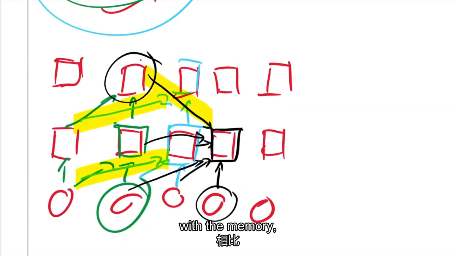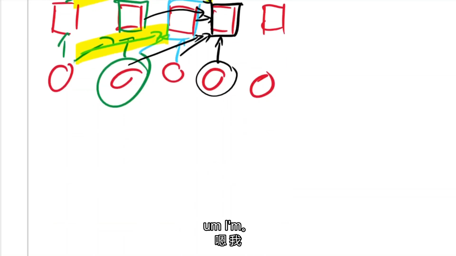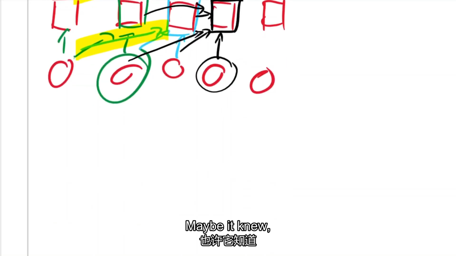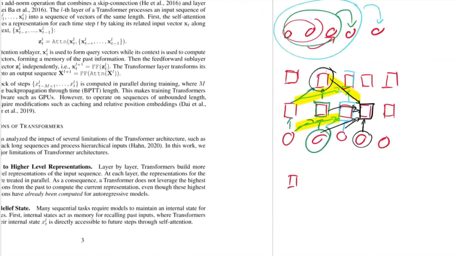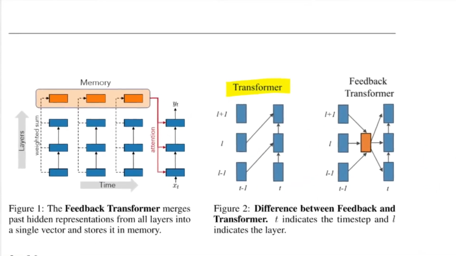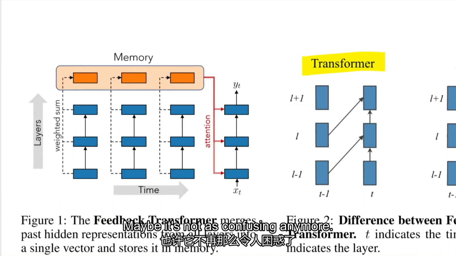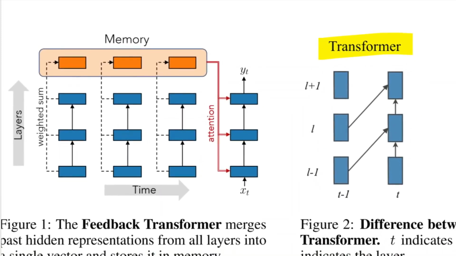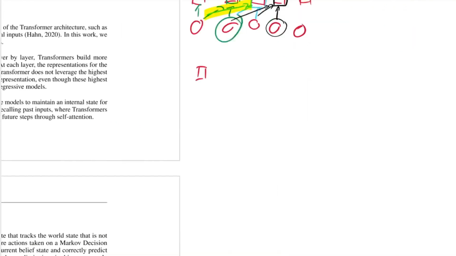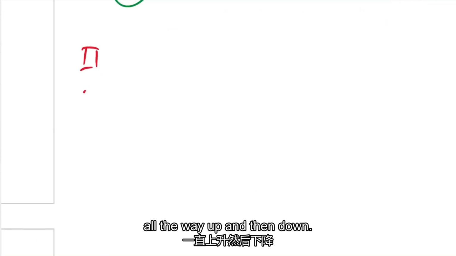In contrast, with the memory transformers, information can flow all the way up and then down again.